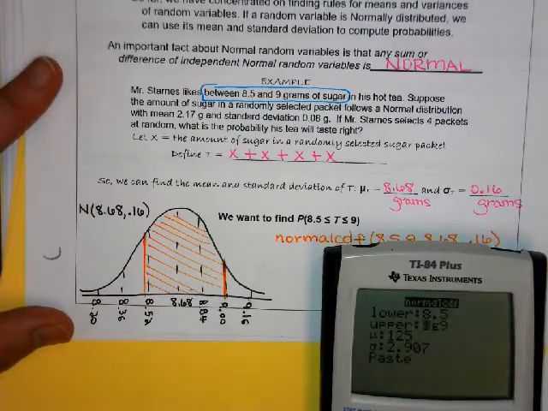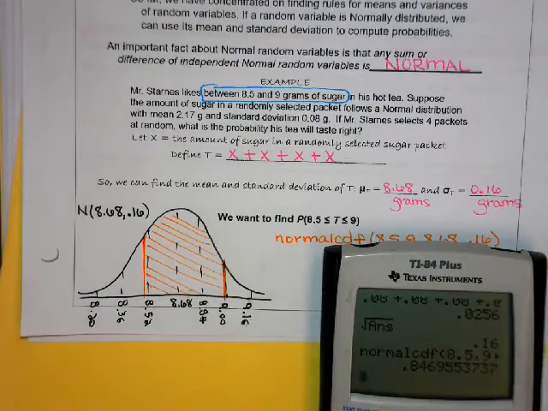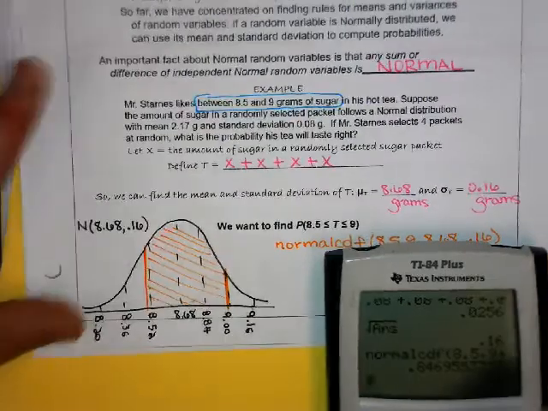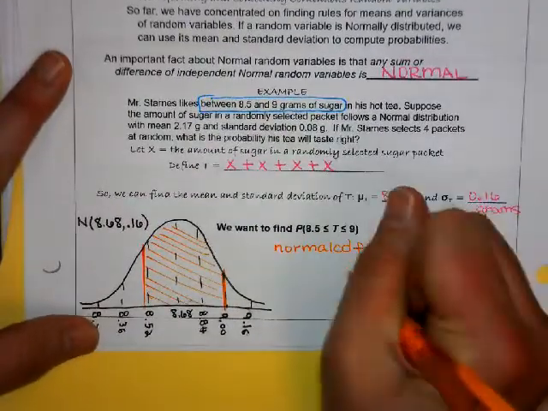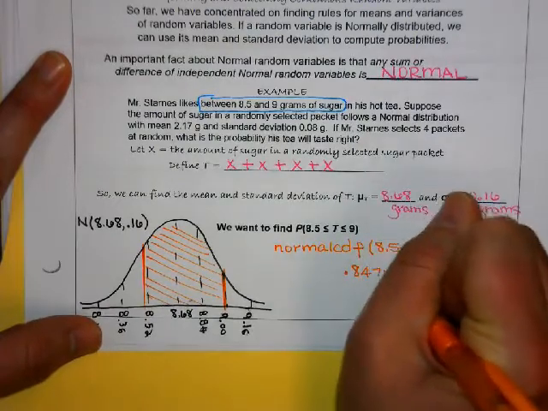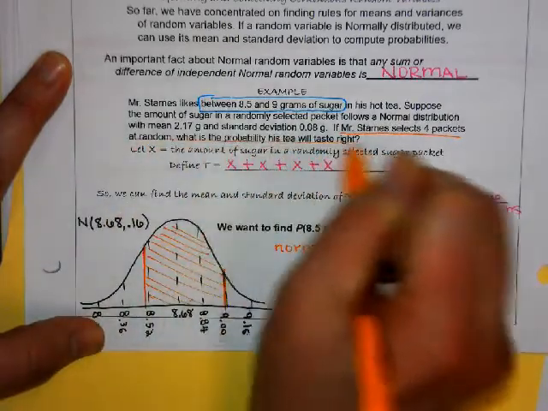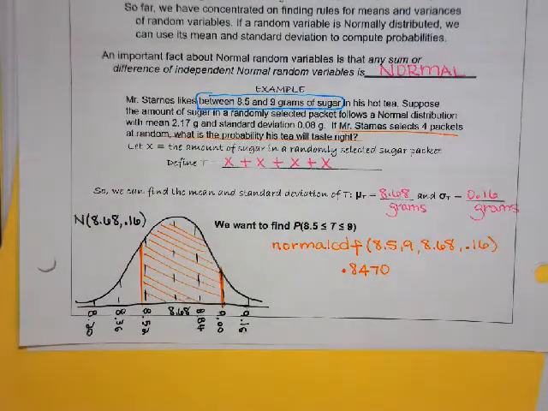So we get 0.8470 when we round. So the question was asking if Mr. Starnes selects 4 packets at random, what's the probability his tea will taste right? So 84.7% of the time, his tea is going to taste the way he prefers it.